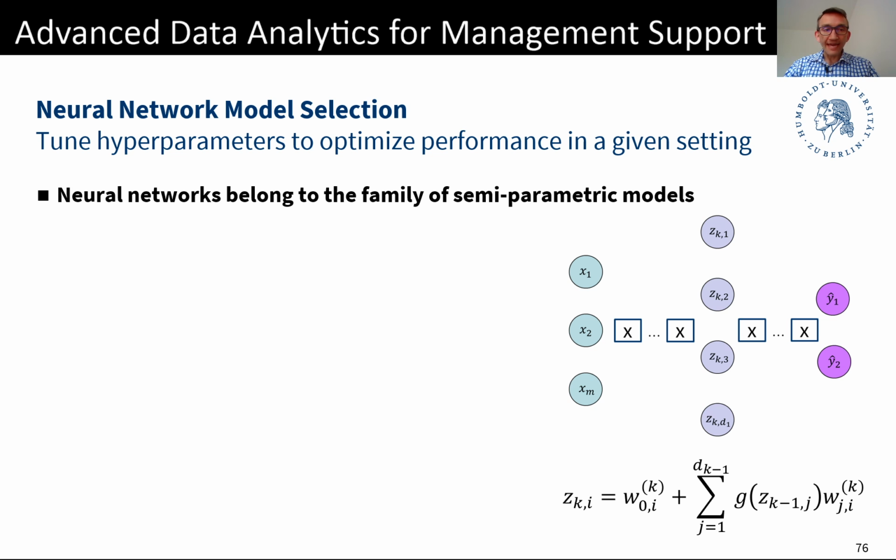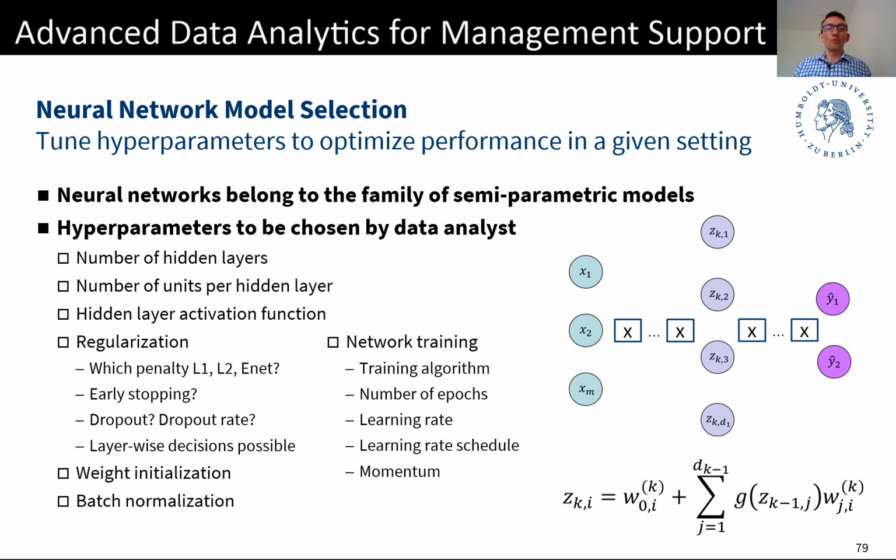And this means that when setting up a neural network, we have to make a lot of decisions how we configure our network. And in class, I would like to discuss that with you, see what decisions you would now be able to come up with. Unfortunately, we are not in class, so here's the answer. Or, well, these are some examples of architectural choices that you will have to make.